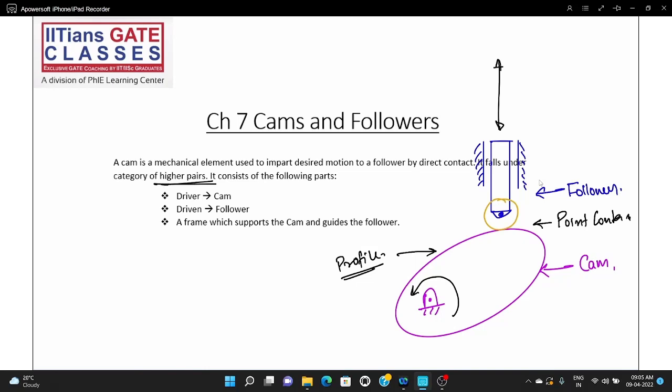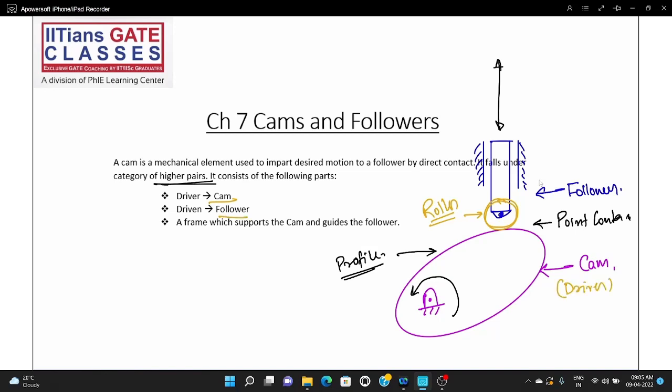So we can also use rollers in place of knife edge followers, right? This is a roller. So here the cam is the driver. This is the driver.